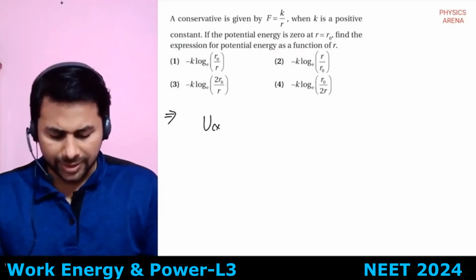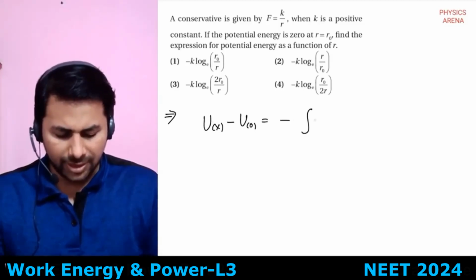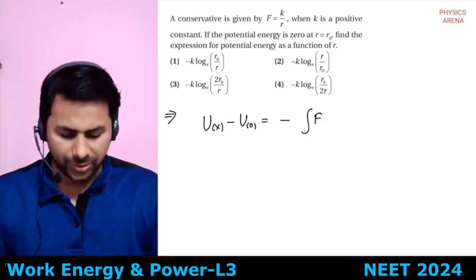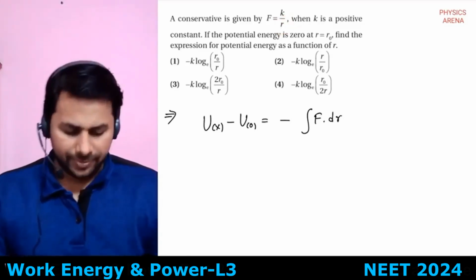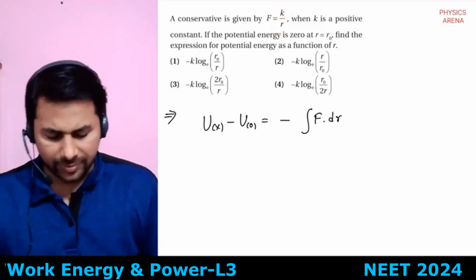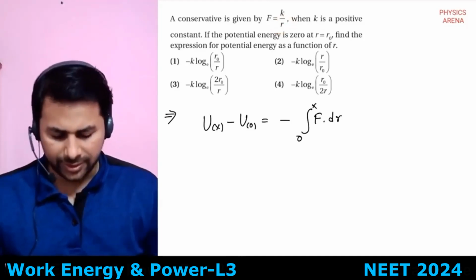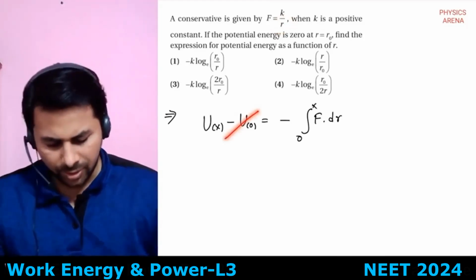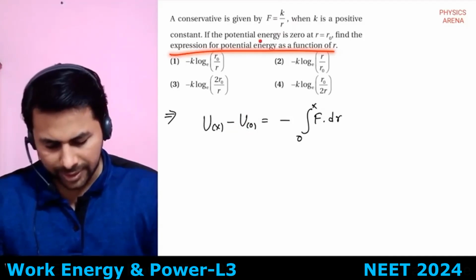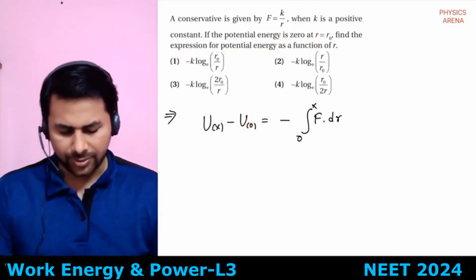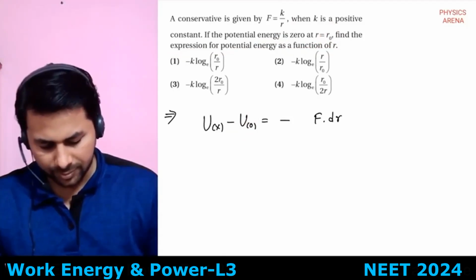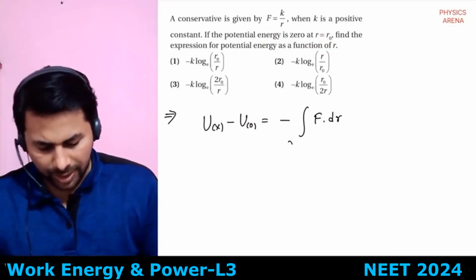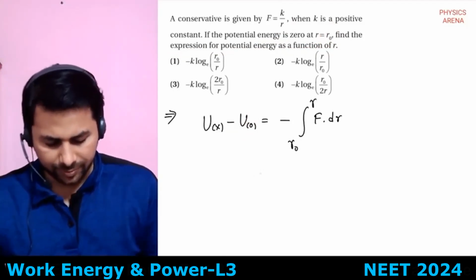We know U(x) minus U0 will be equal to minus the integral of this conservative force, with respect to whatever the variable is. Here the variable is R. U is 0 at R naught, so we'll have the limits from R naught to R.